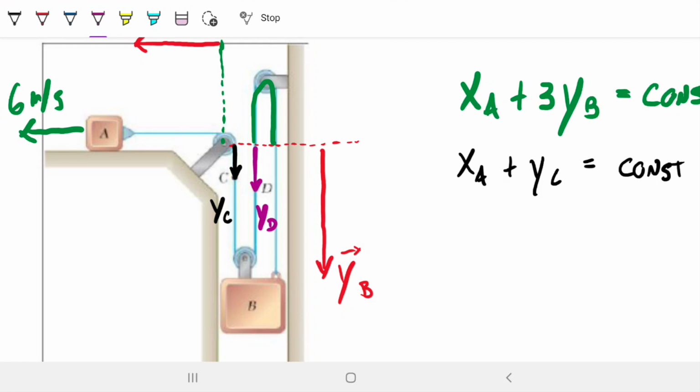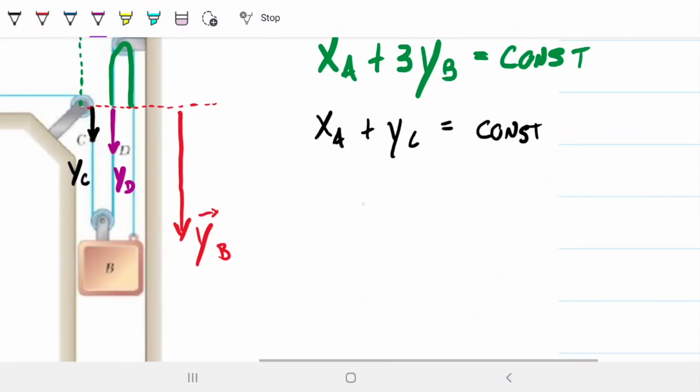There's a couple of options. We can do this here as a constant. Another option is doing this here as a constant. So then we involve B again, and I'm going to choose that one. So if I take my vector YD and then sum up my vector YB, that also has to be a constant.